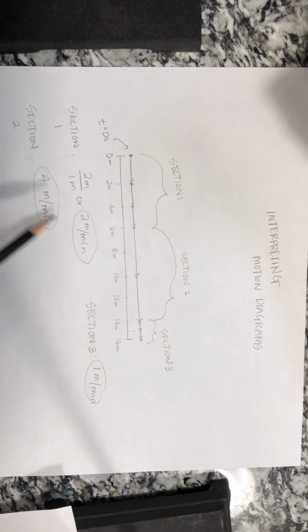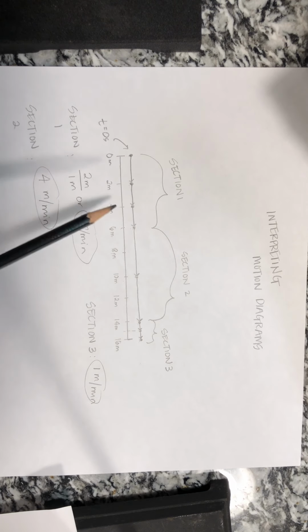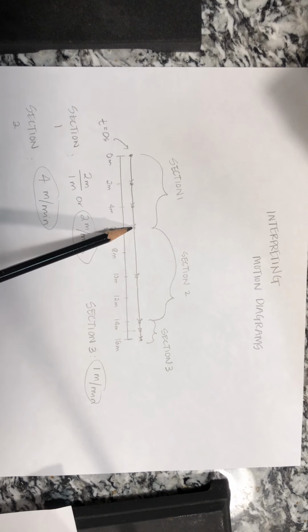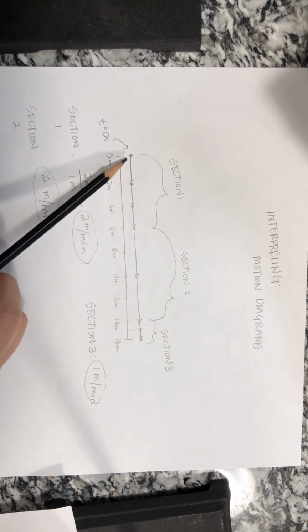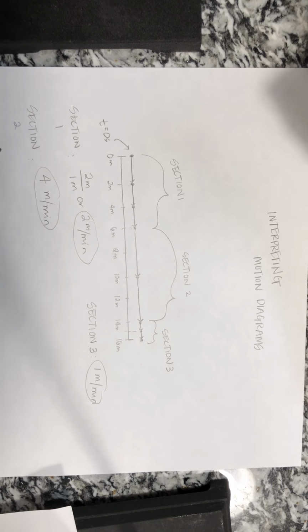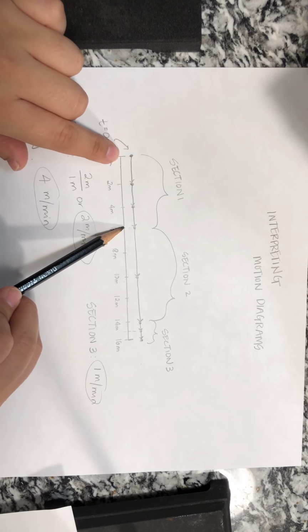If you see here, I already did some calculations, but I'm going to run through them really quick. So this motion diagram, first of all, shows us moving at a certain pace for a couple of meters. As you can see, this is a rough sketch, but I tried to make these have equal intervals of distance in between them.